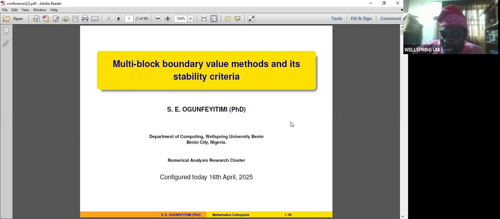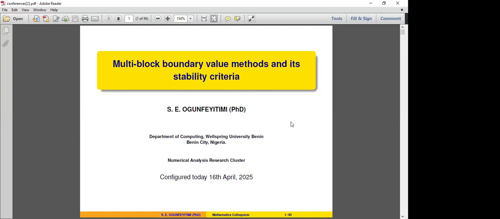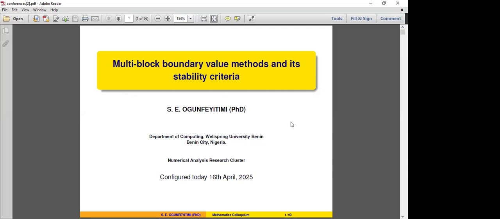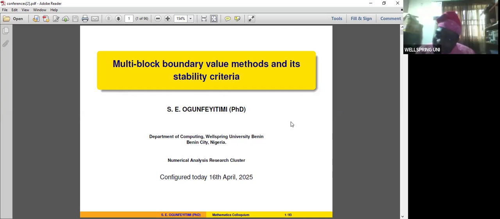Some of the roots will always be complex. Let me give you an illustration. When you have 0.000 plus 1 I, if you take the absolute of that root, it will be less than 1. Those fall inside.